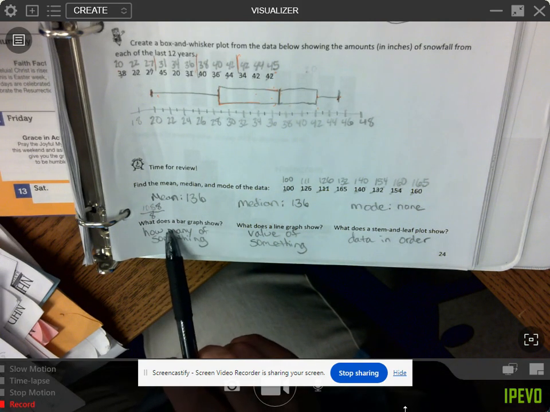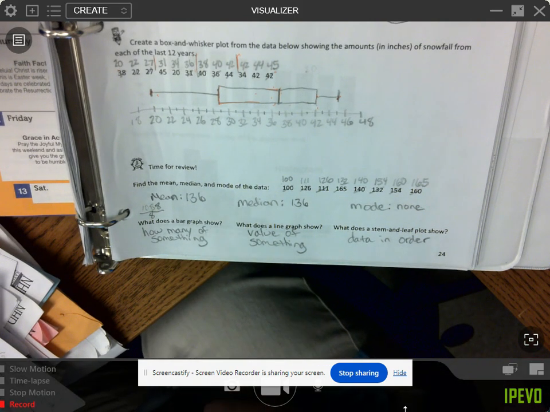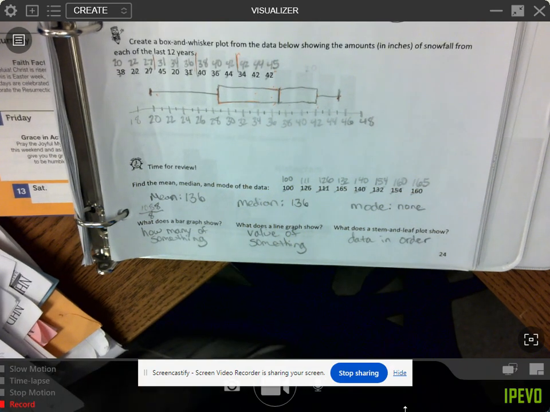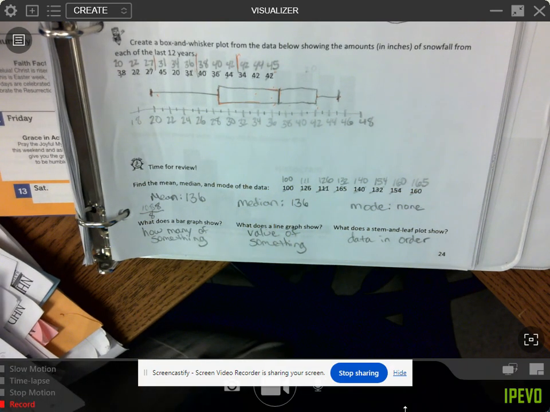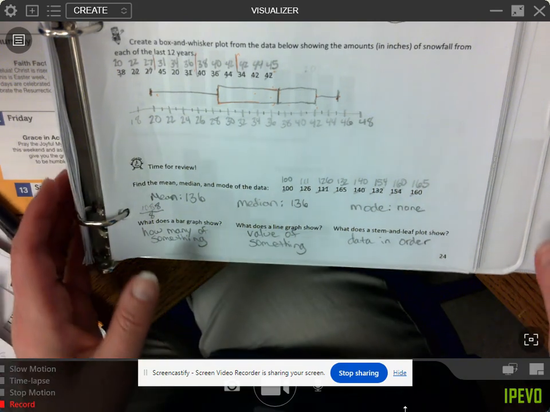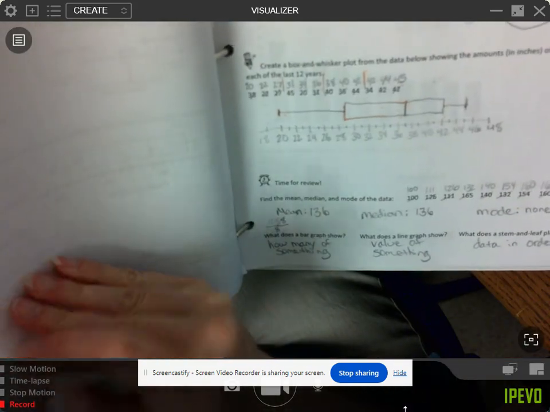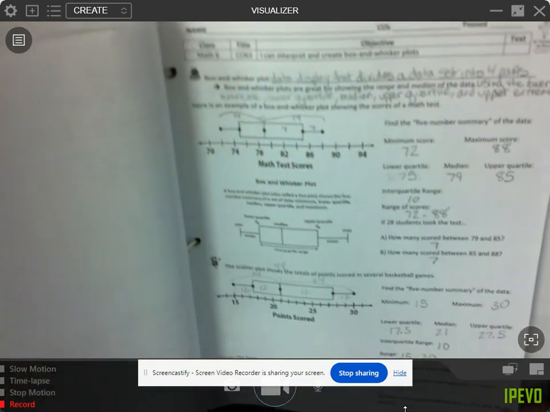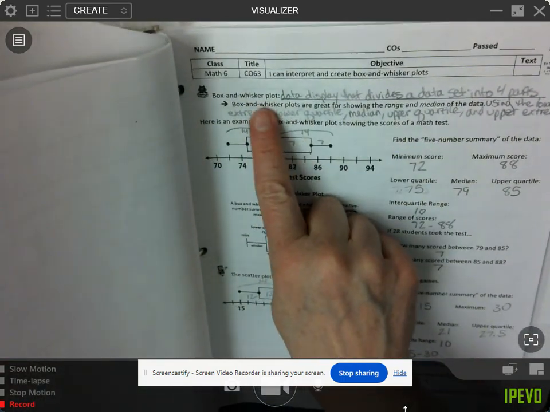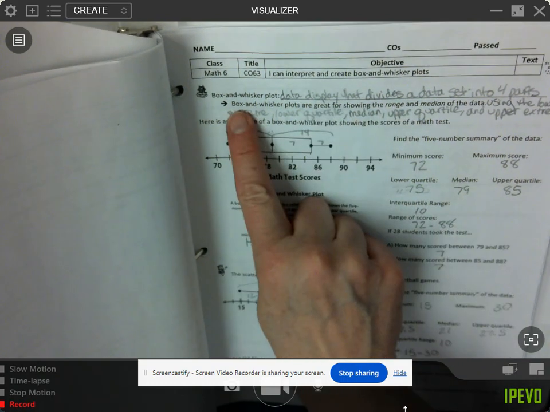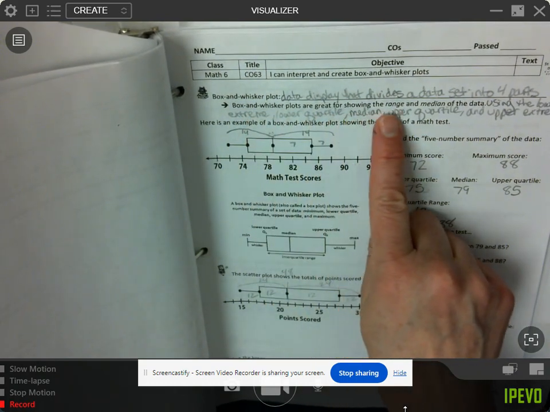Now, what does a bar graph show? I had a few people come up and ask me, because they weren't sure what they were supposed to put. Remember, when we do every page in our binder, underneath the definition, it tells you what it's good for.